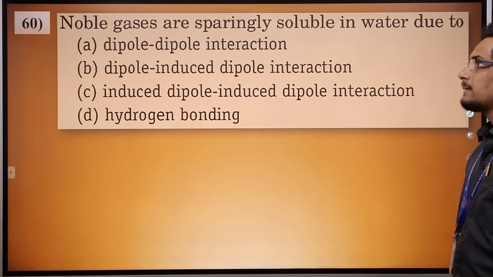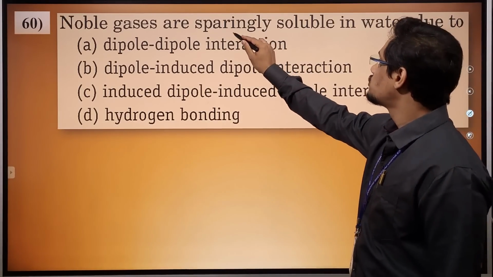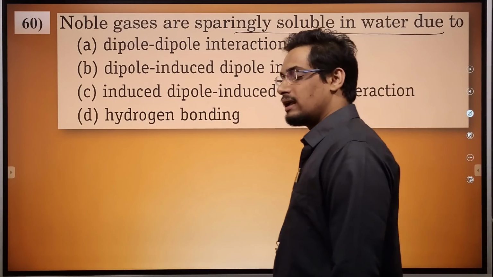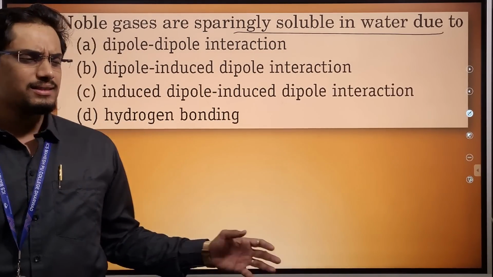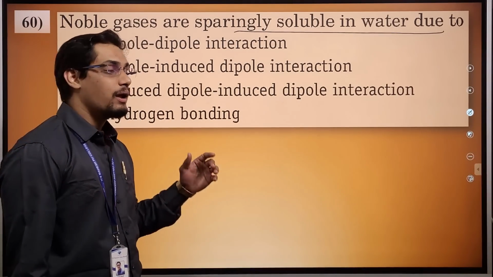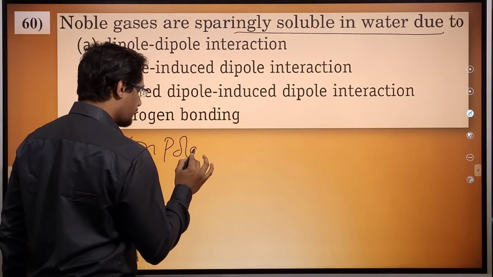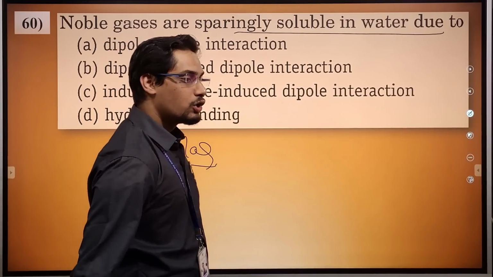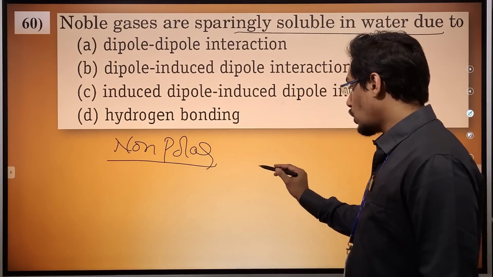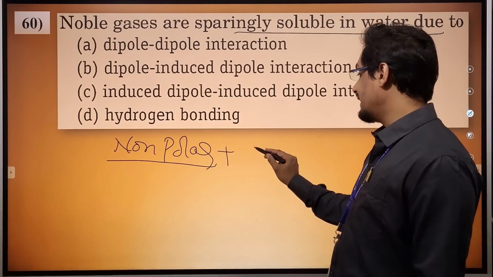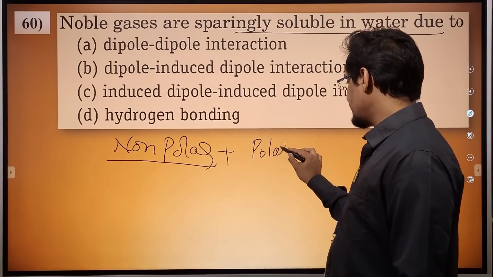And the last question: noble gases are sparingly soluble in water. That is because noble gases are extremely less soluble in water, as noble gases are non-polar. Non-polar gases can also dissolve in a polar solvent.